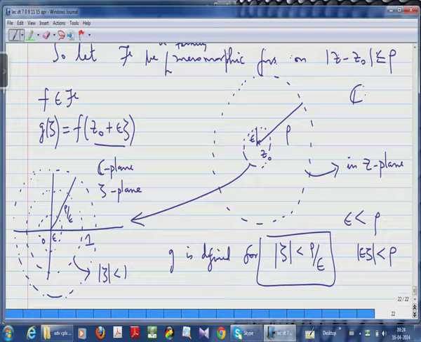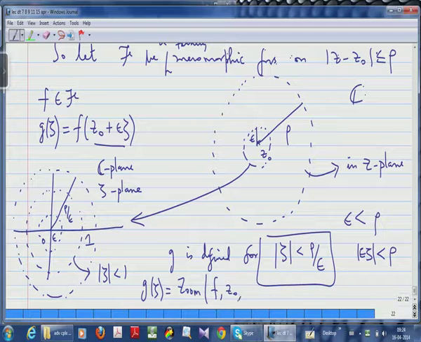So I'll write it like this. I'll write g of zeta is equal to zoom of the function f centered at z0 by a magnification factor 1 by epsilon, and use the variable zeta.